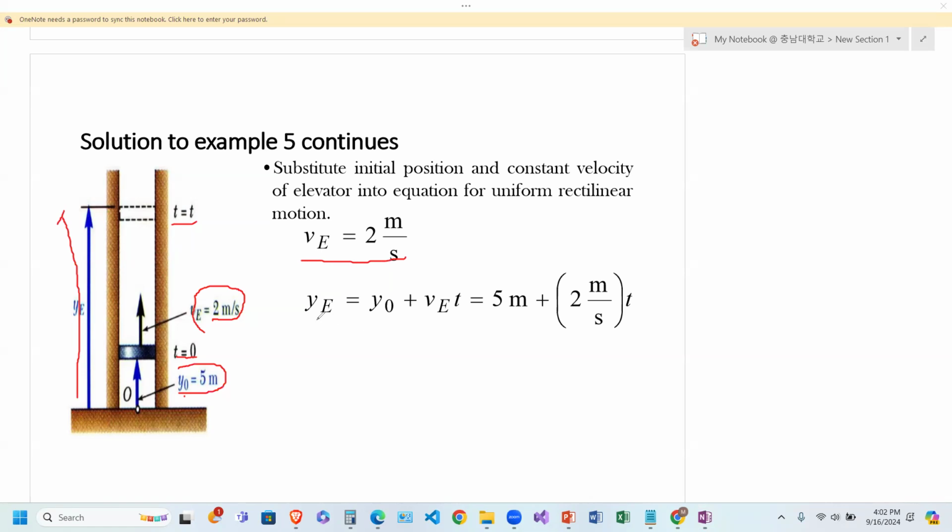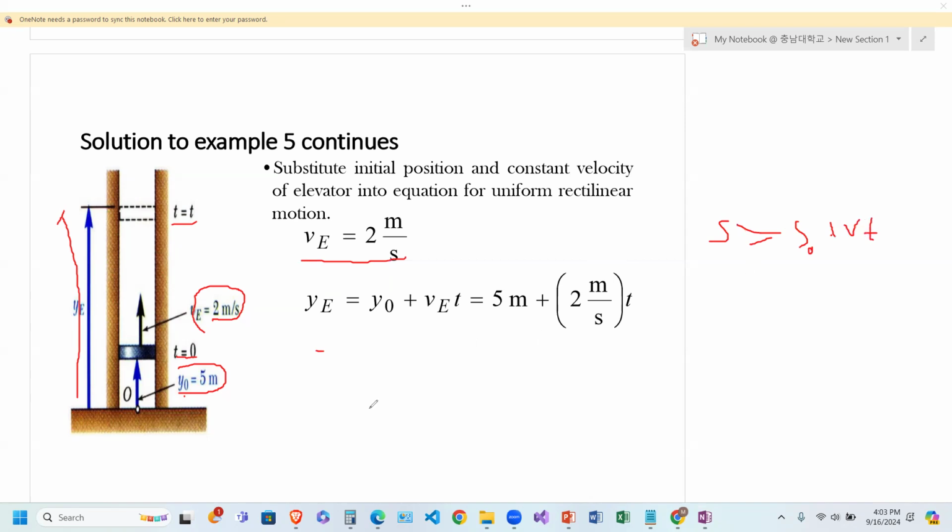We need an equation that relates distance and velocity, so our y is the same as y naught plus VE T. We also have the equation whereby S final is S naught plus velocity times time.